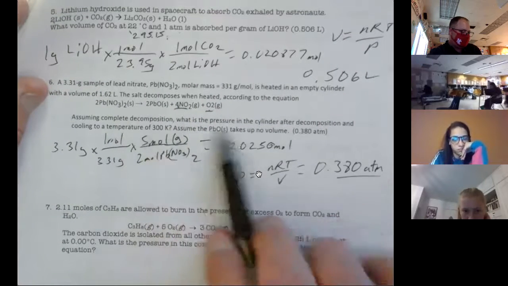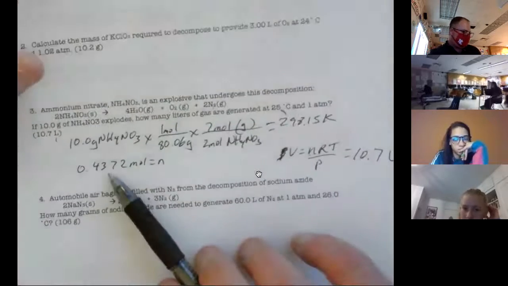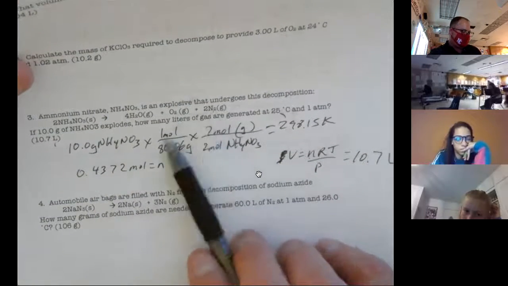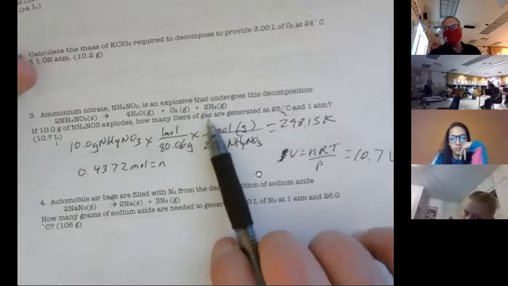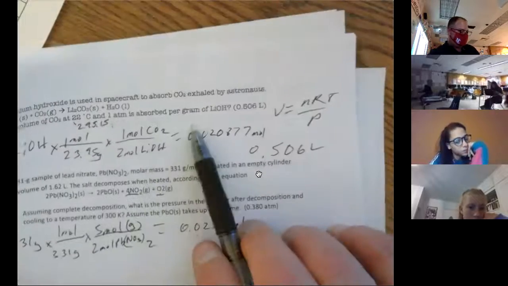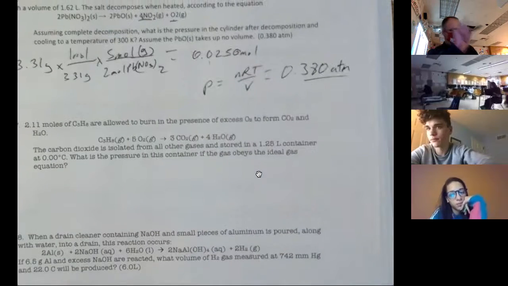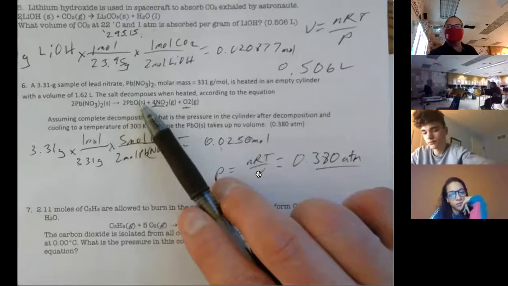It just says, what is the pressure after complete decomposition? Same thing with this one right here. It says, how many liters of gas? It doesn't say how many liters of O2. It doesn't say how many liters of N2. So when it's a problem like that, you just add the coefficients? Yeah, you add up all the coefficients of the gases. Note that we did not add in the 2 PbO on this one.